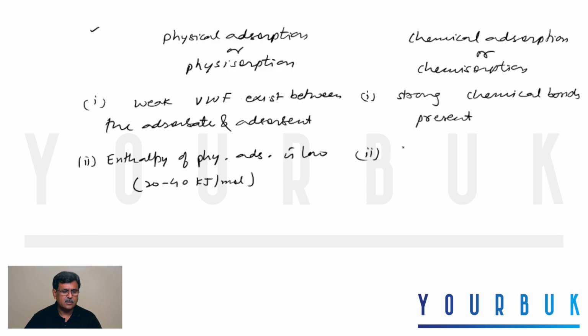Now on this side the enthalpy of chemisorption is high, because strong chemical bonds are formed and the amount of heat evolved depends on the nature of the interaction. So it is in the range of 40 to 400 kilojoules per mole.